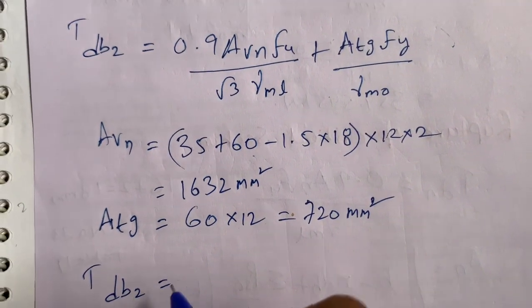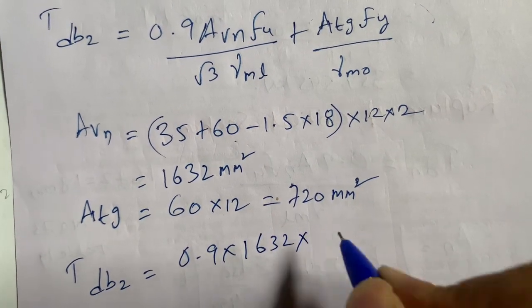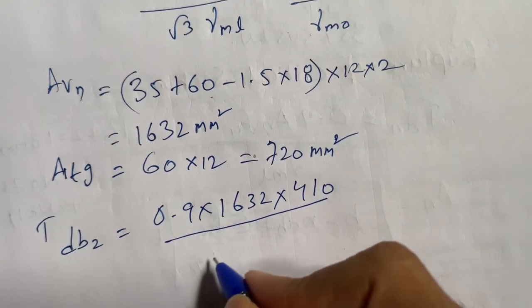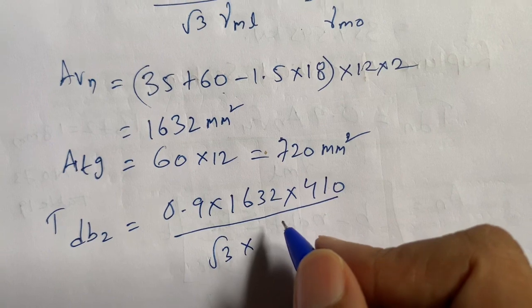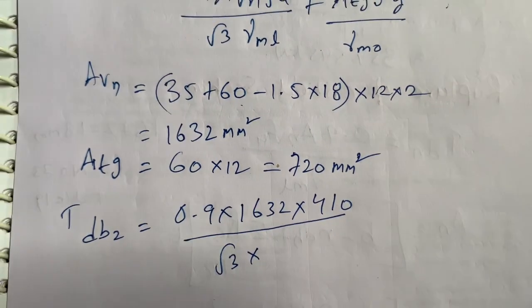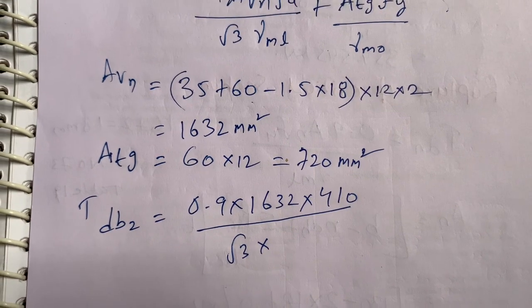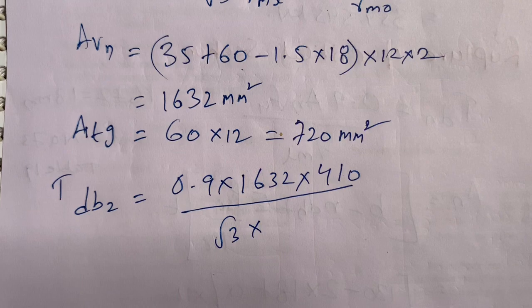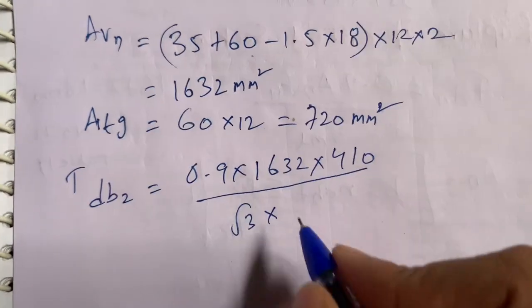After that I substitute all the values in this equation, TDB2: 0.9 into AVN 1632 into FU value 410 by root 3 into gamma m1 value. This is available in the code book. Same, root 3 into gamma m1 partial safety factor, which is available in table number 5, page number 30. That value is 1.25.